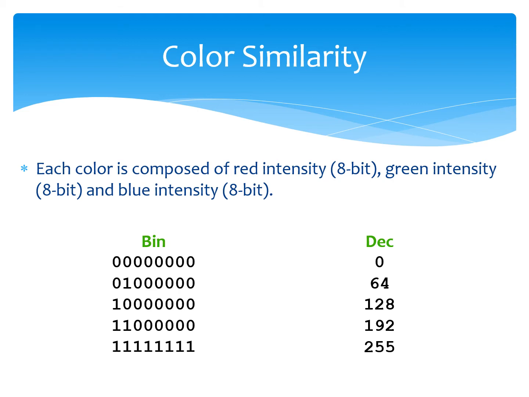This indicates that if we keep the two most significant bits and ignore the remaining 6 least significant bits, we can group the 256 different intensity levels into 2 to the power of 2, which equals 4 groups for each of the RGB channels. Therefore, when combining RGB channels, we will have 4 to the power of 3, which is equal to 64 color groups. This leads to the concept of 6-bit color code.